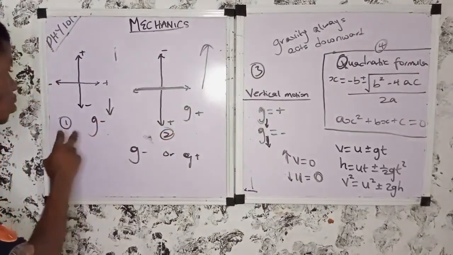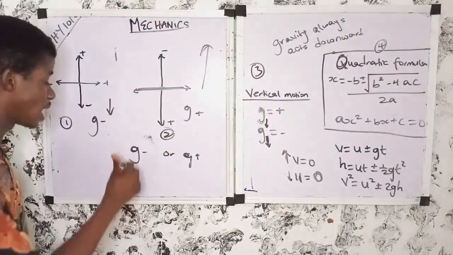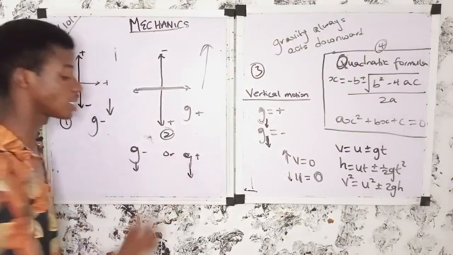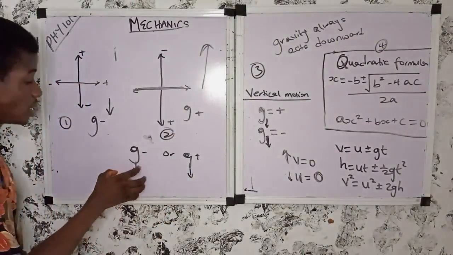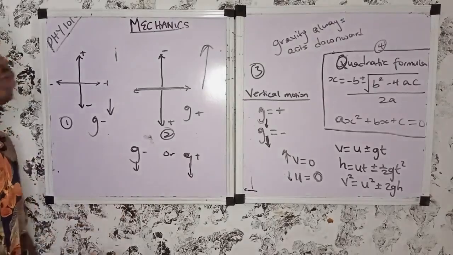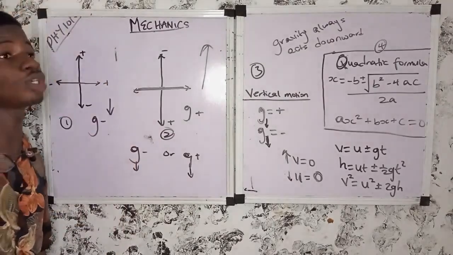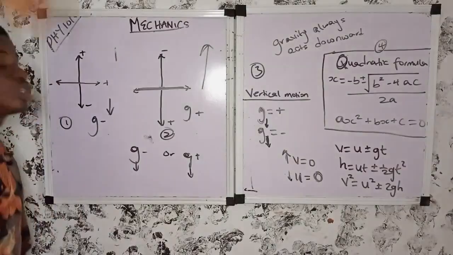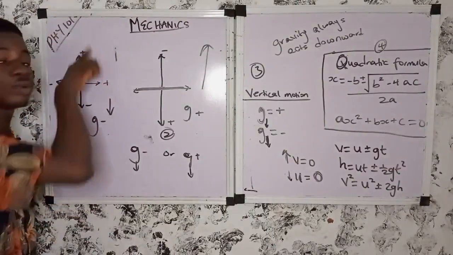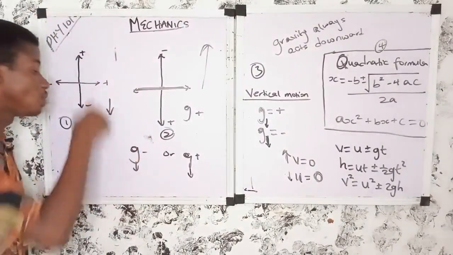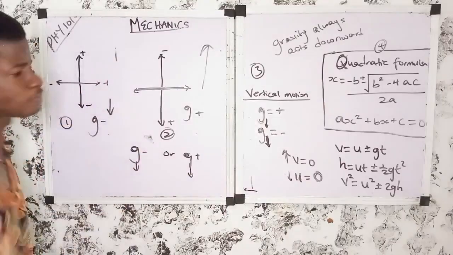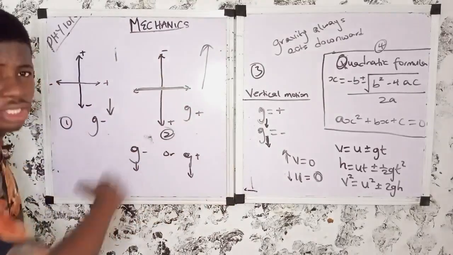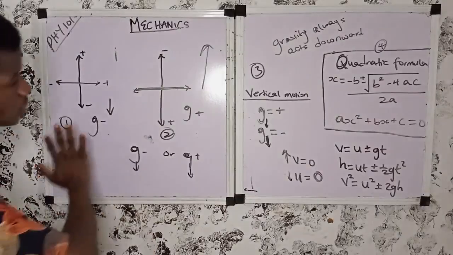In the first coordinate, we all know that G always acts downward, so G will be negative. Even though the ball is thrown upward, and we know that upward is usually positive, G will be negative because it acts downward. The second coordinate is the opposite. So please take note of this.